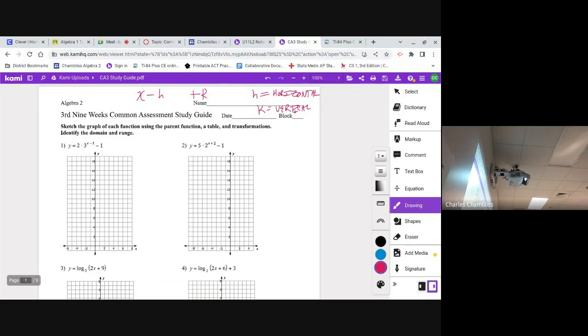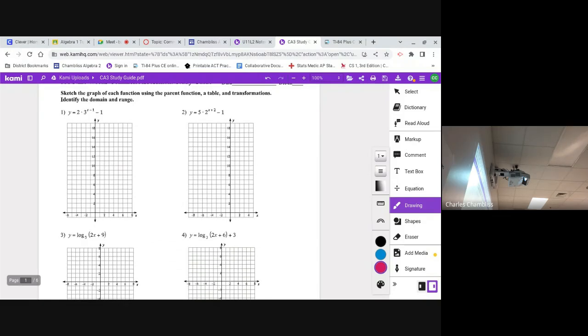So things to look at on these exponential, the 2, that's a stretch. It's shifted, let's see, it's x minus 1, so that means it's right 1. And then the minus 1, that's k, so it's down 1.